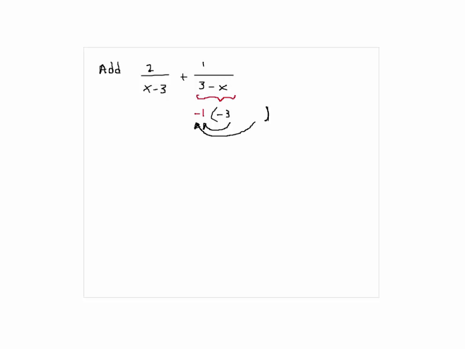Danielle? Positive x. Positive x. So if I multiply negative 1 here, I get this. Negative 1 times negative 3 is 3. Negative 1 times positive x is negative x. So I'm simply factoring a negative 1 out.